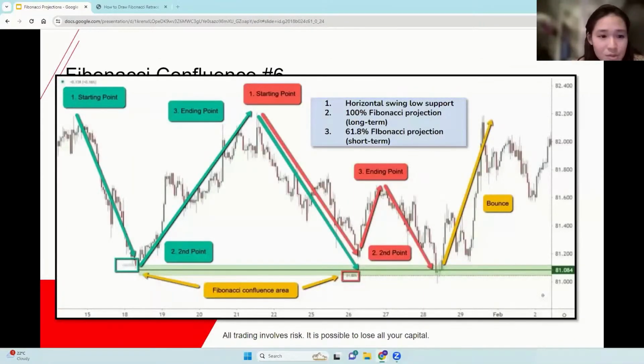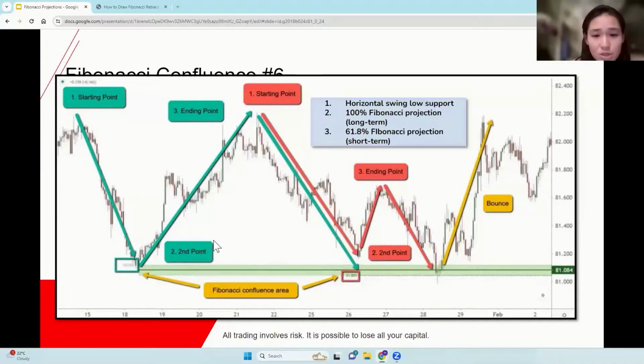In this example, we have a swing low support over here and one long-term 100% Fibonacci projection that is in line with another short-term 61.8 Fibonacci projection.